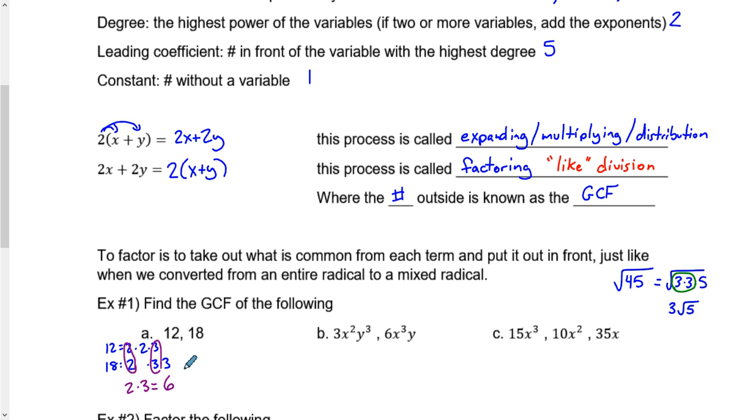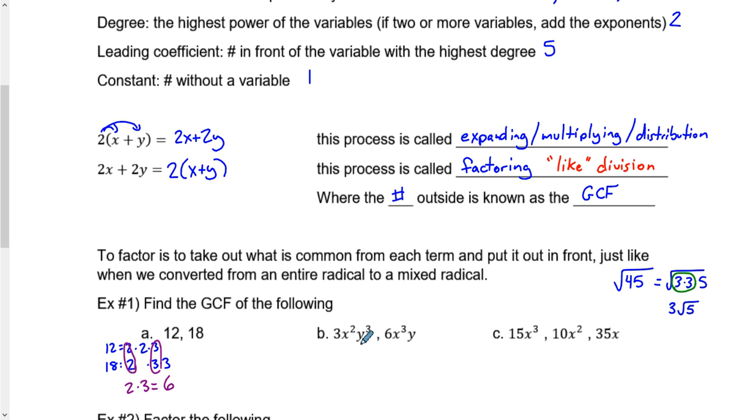Which is 6. Of course, you'll have to do some of these more basic ones in your head on a very quick basis. At the same time, when we start dealing with things that have variables, we have to be even faster.